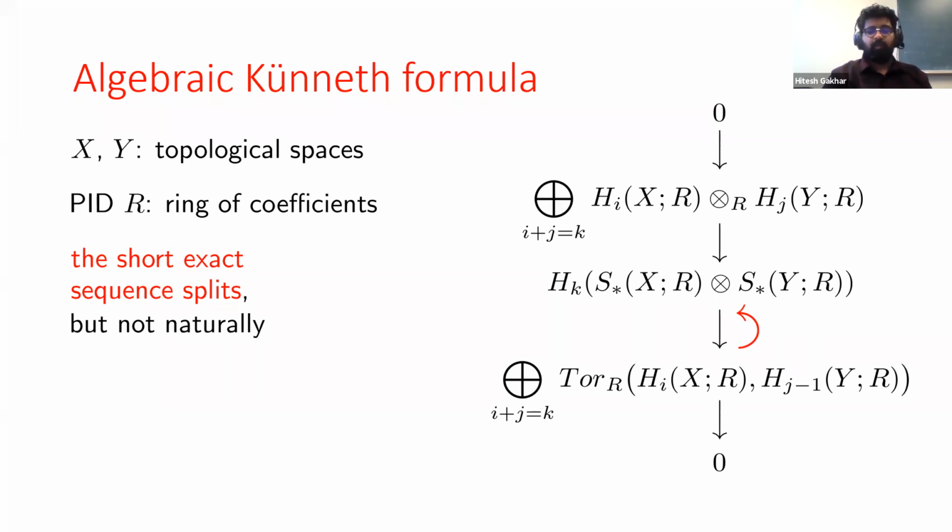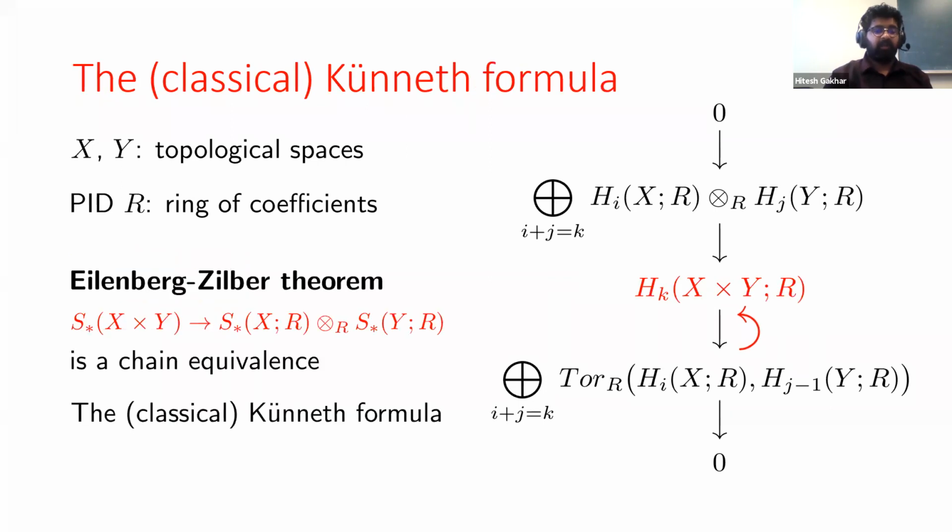What allows us to go from this form to the form that we probably remember more as topologists is the Eilenberg-Zilber theorem, which tells us that the singular chain complex of X times Y and the tensor product of the singular chain complexes can essentially be replaced by each other because of a chain equivalence.